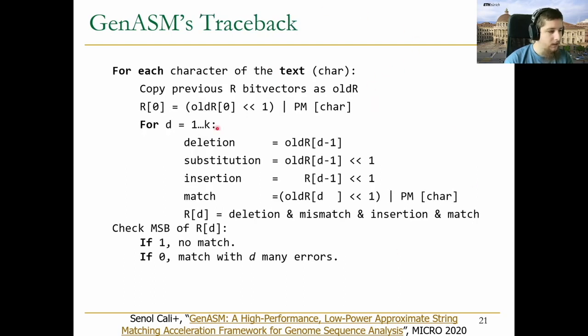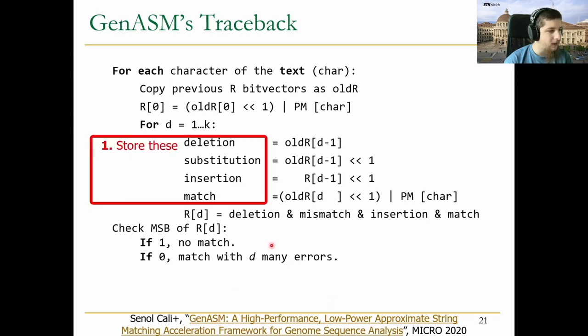So this was the algorithm that we had, and what Damla et al. figured out in their work back in MICRO 2020 is that you can just store these intermediate bit vectors, across all iterations of the two loops, and you follow a trail of zeros in the stored bit vectors in reverse, and this will be the optimal sequence of edits.